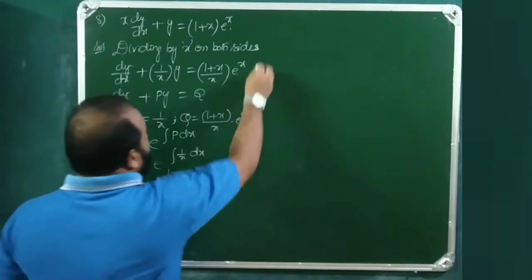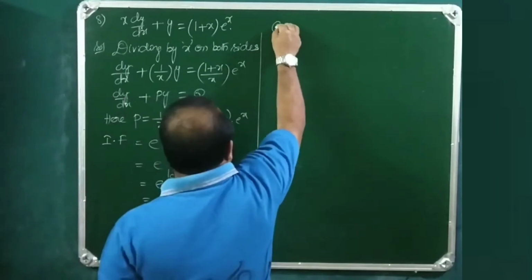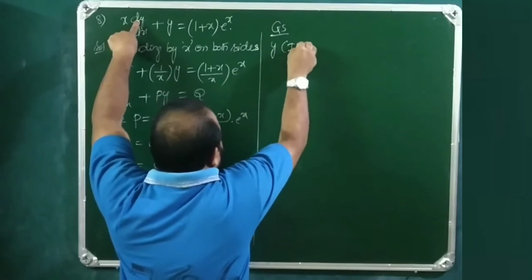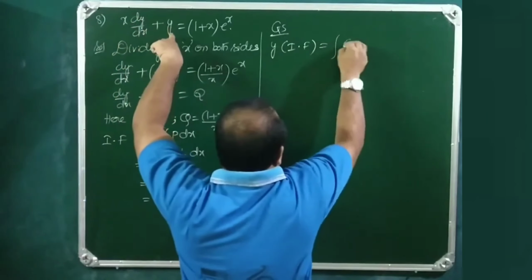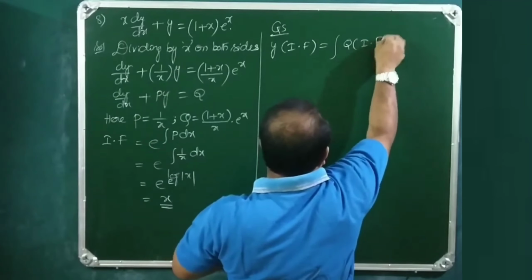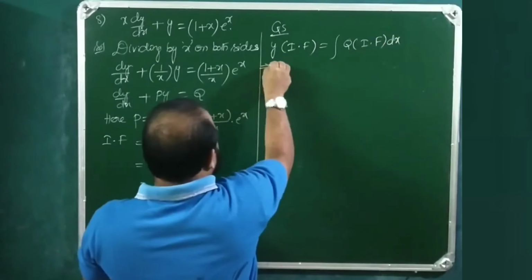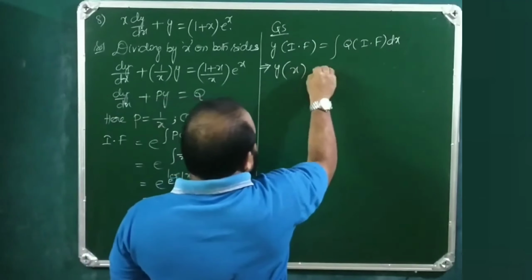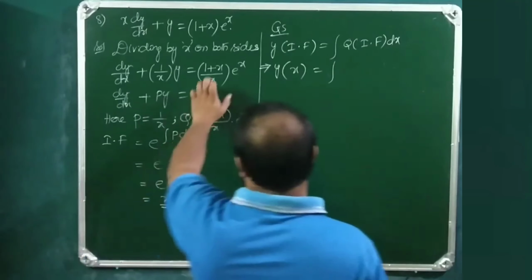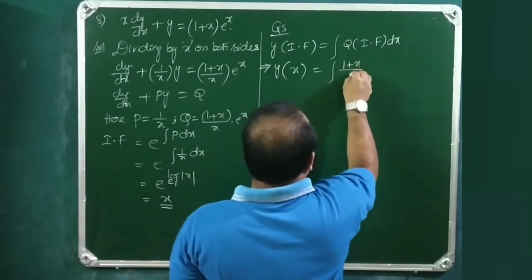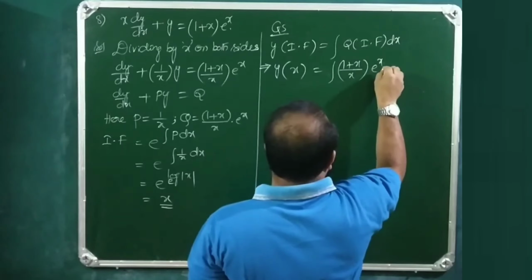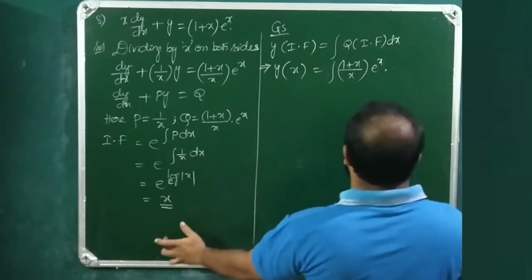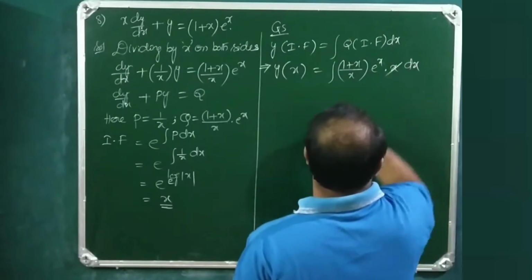Now what is the general solution? We start with y into integral factor equals integral of q into integral factor into dx. So y into integral factor, which is x, equals integral of q, which is (1 plus x) by x into e power x, into the integral factor x, dx. So x gets cancelled.